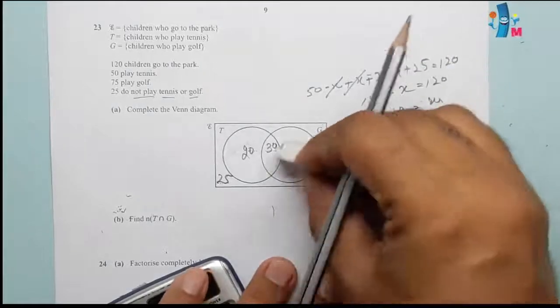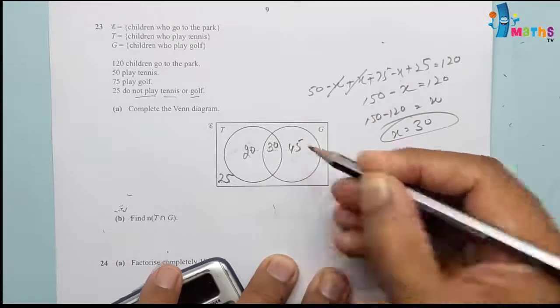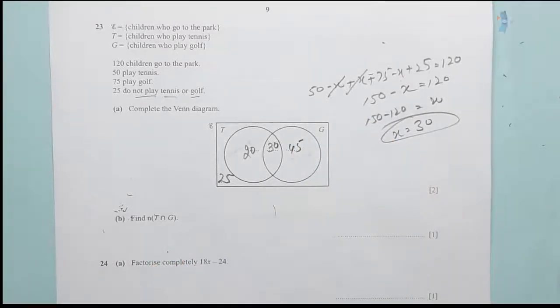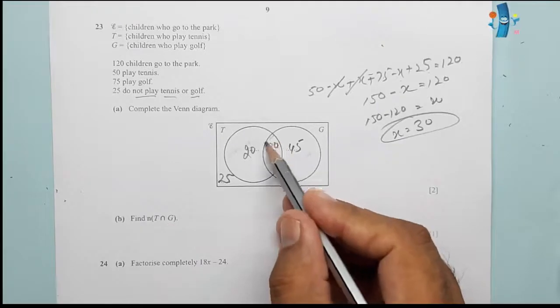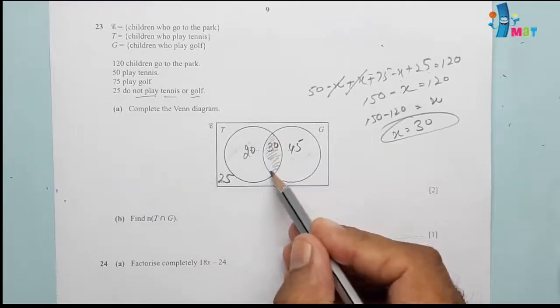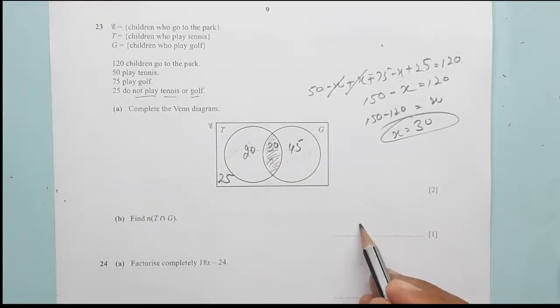So we can write here 45. So this is how we can reach the answer. B part, find n of T intersection G. T intersection G is this region, and we know this is 30, so the answer is 30.